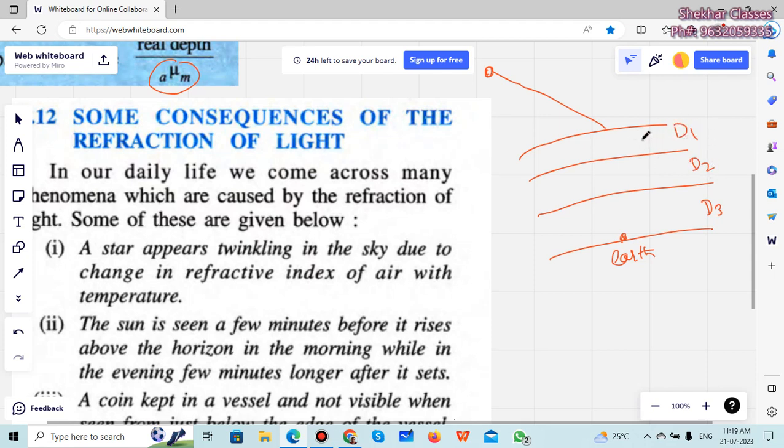Now if the density is less, it will bend less, it will bend here, but not that much. Density is slightly more, it will bend more. Density is more here, it will bend more, right? Got the point? I could not draw that properly, so I'll just draw it here. So it will bend like this. Here it will bend more.